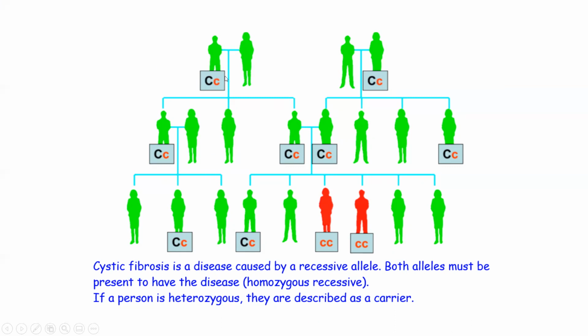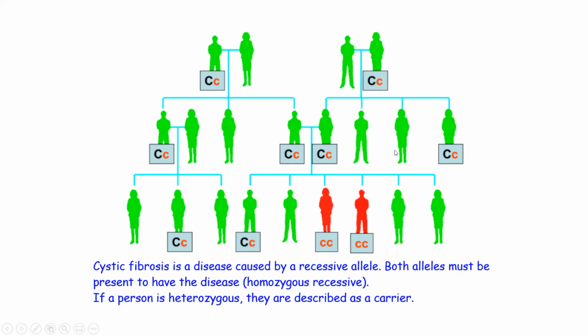So these 2 carriers here, big C and little c, when 2 carriers reproduce, and you can see that down here in the F1 generation, when the 2 heterozygous carriers reproduce, they will produce a 3 to 1 ratio. We will have 3 individuals who will not have the disease and 1 individual who will have the disease.